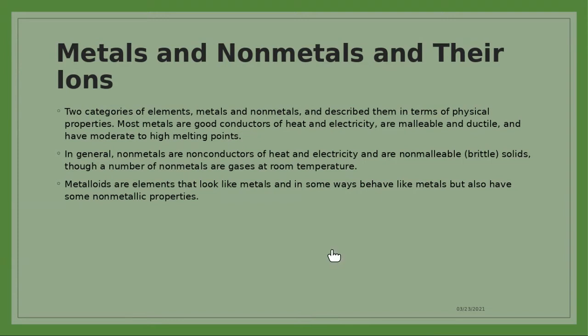There are two categories of elements, metals and non-metals, and we describe them in terms of physical properties. Most metals are good conductors of heat and electricity, are malleable and ductile, and have moderate to high melting points.